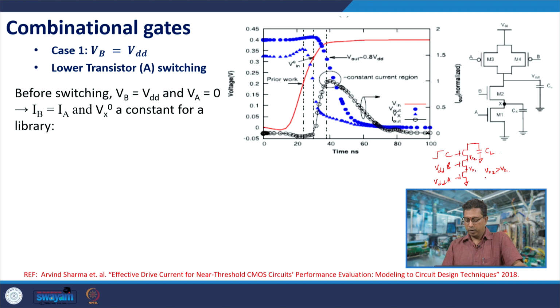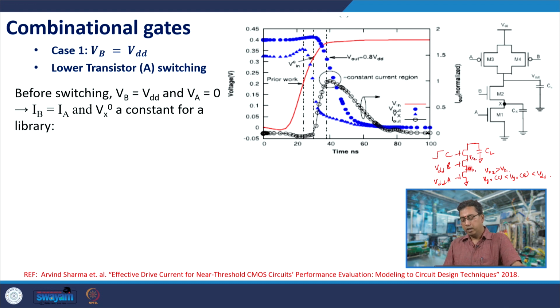Therefore, Vgs of C would be smaller than Vgs of B, and this would be smaller than VDD, because there has to be a certain VDS, a drain to source voltage, for transistor A to conduct, for there to be a discharging current available. Likewise, there has to be a certain VDS for transistor B for it to conduct. So Vx2 would be larger than Vx1.